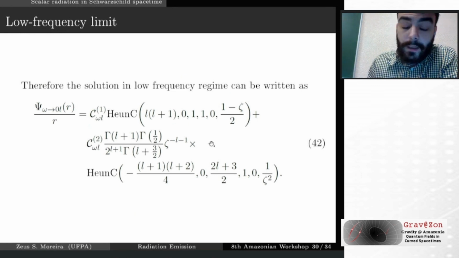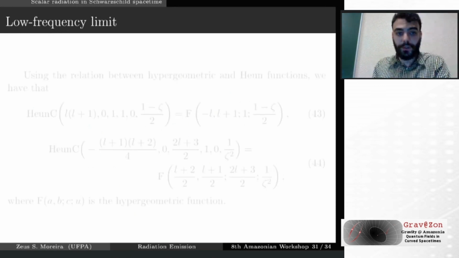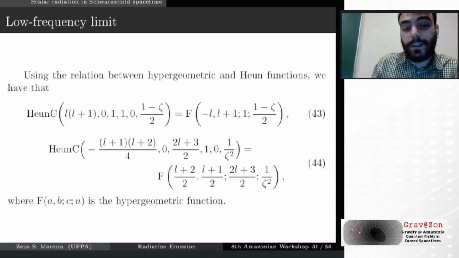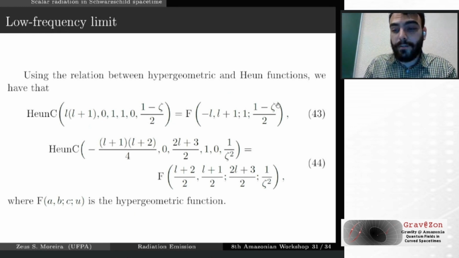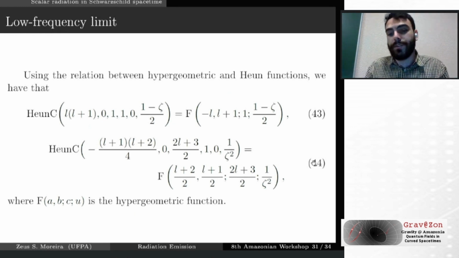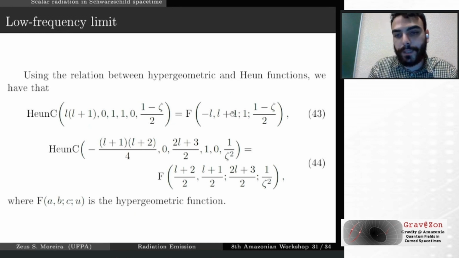Very nice. And you can also look for the relation between confluent Heun functions and hypergeometric functions. They are given here by equations 43 and 44. And what is interesting is that these equations 43 and 44 are basically hypergeometric representations of the Legendre functions.